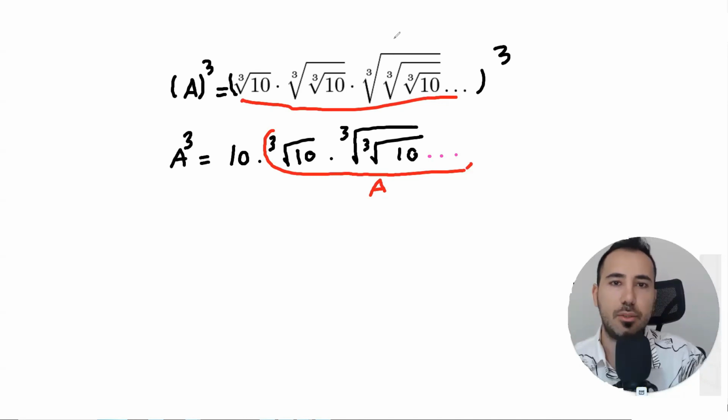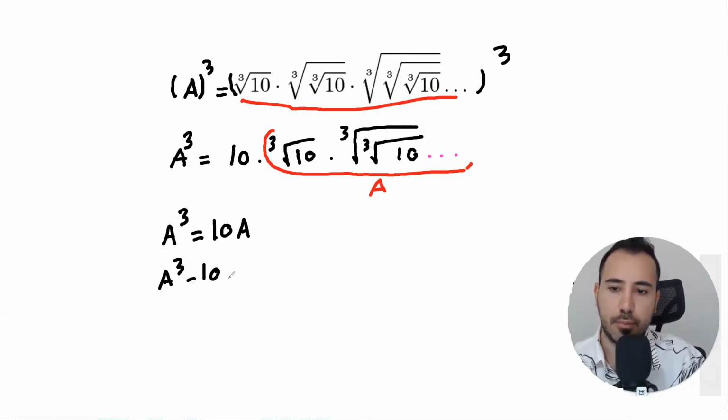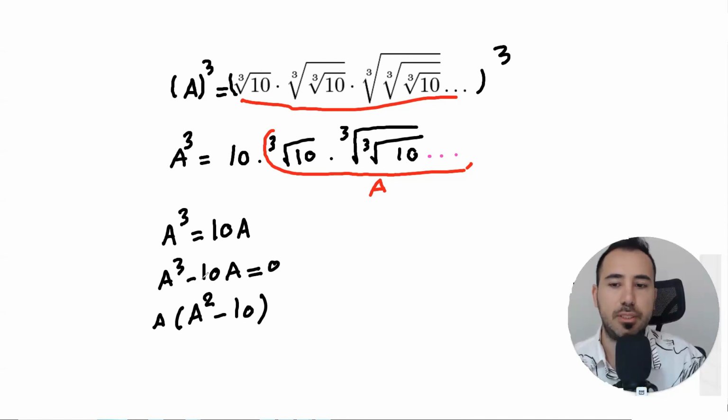So what we're going to write here, A cubed is equal to 10A. So this is our equation to solve. 10A to the left-hand side is equal to 0. Take out A, so we're going to get A times A squared minus 10. So from here, A could be 0, but as you see, no, because none of the terms is 0, so A equals 0 is not acceptable.